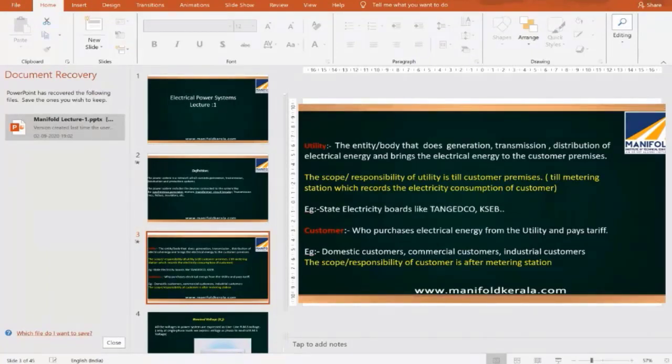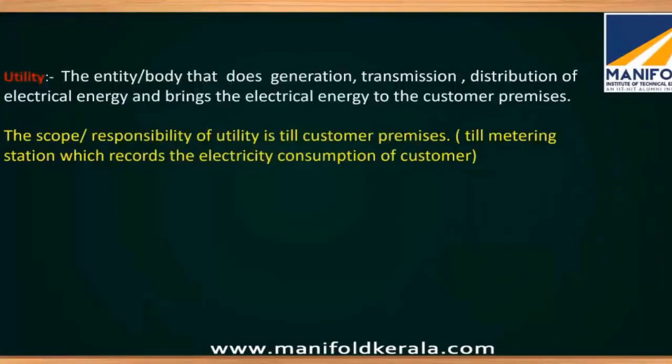Now, the second thing is, what is the scope of the utility? The responsibility and the scope of the utility extends till the customer premises. Suppose some fault happens anywhere between the generating station and your house, it is the responsibility of the utility to rectify that fault and resume the power supply at the earliest.